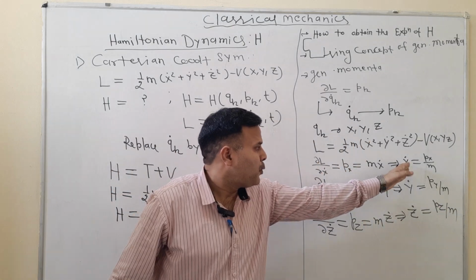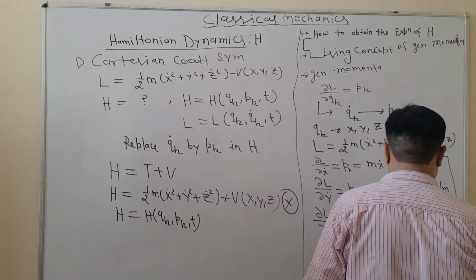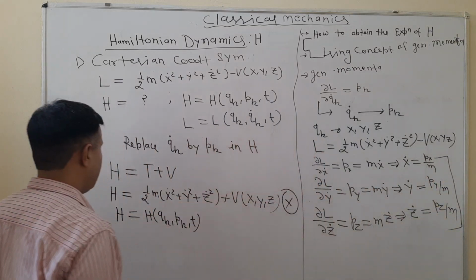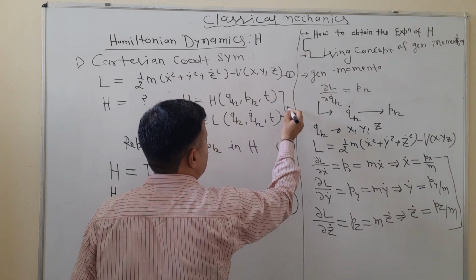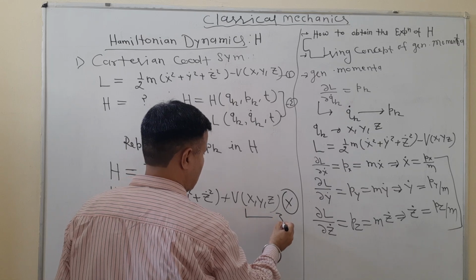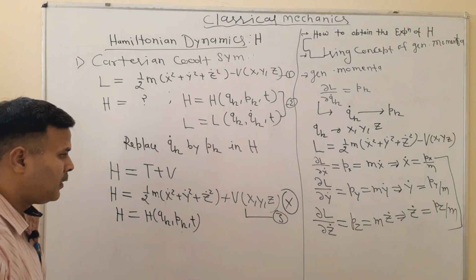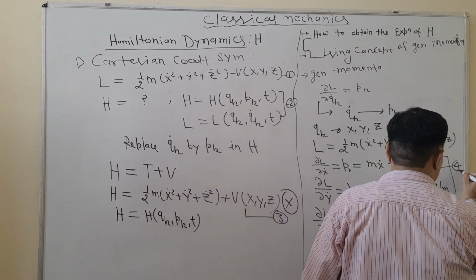Now putting the values of x dot, y dot, z dot from here. Let's say this is equation 1, this is 2, this is equation 3, and this is equation 4.